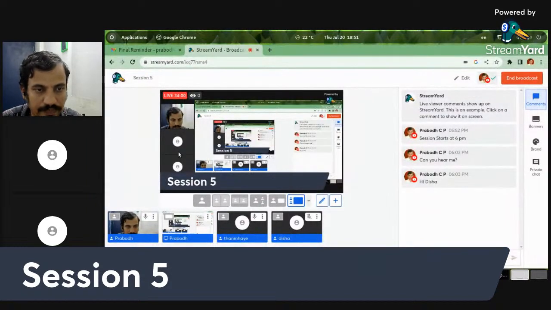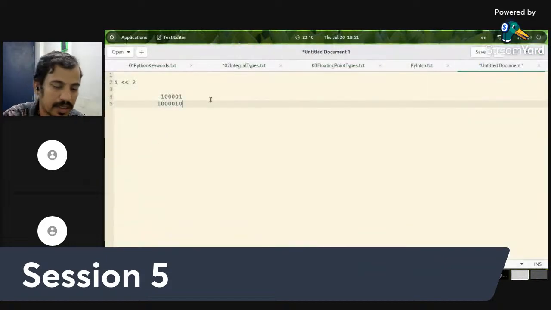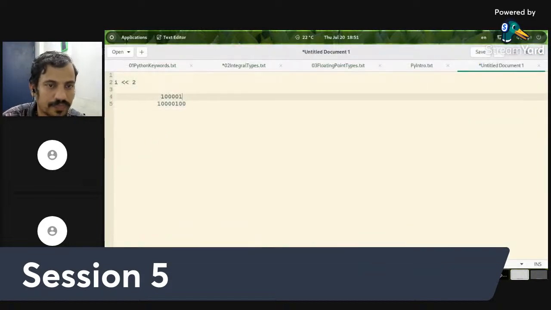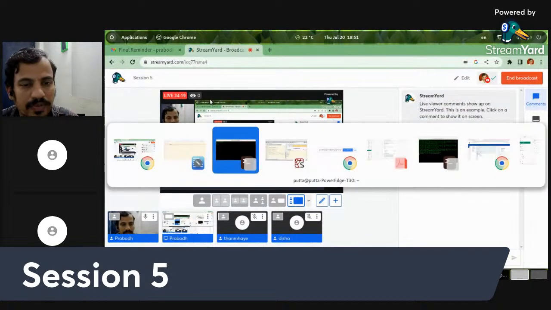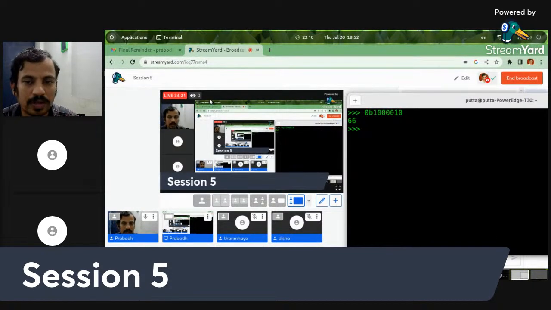We should add 2 zeros at the end, because two vacancies would be created as we are shifting by two positions. So you would get 132. So this would be the result. In other words, shifting left by 2 is the same as multiplying by 4.